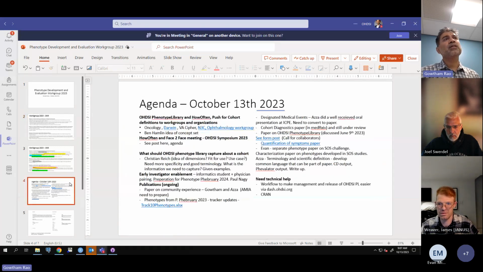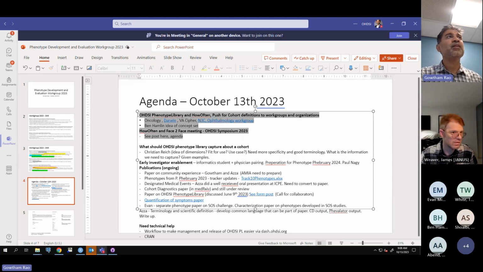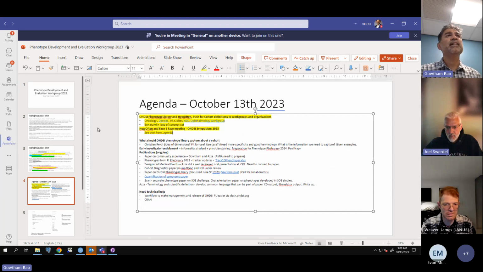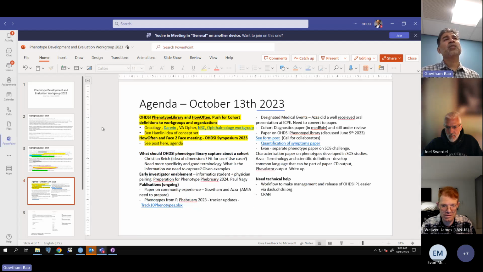Now for today, I propose the following agenda. This is a running list of ideas that we have worked on or are working on, but the main topics that we want to focus on today are these. Let's talk about the OHDSI Phenotype Library, about where it is right now, especially after the recent push of core definitions through the HowOften initiative.